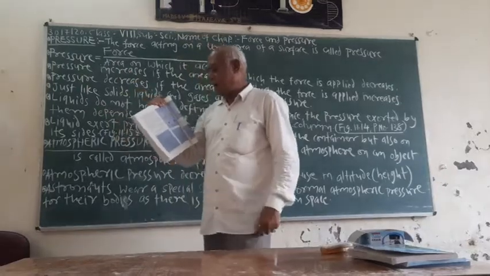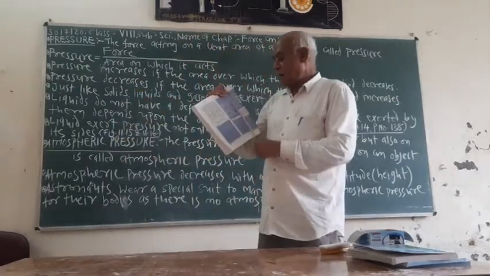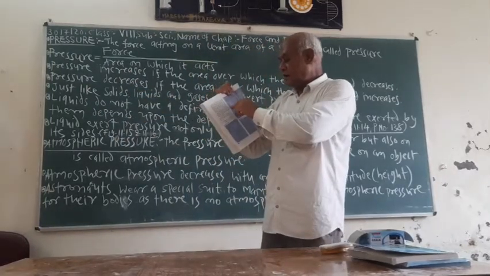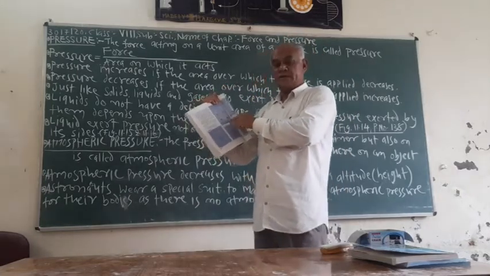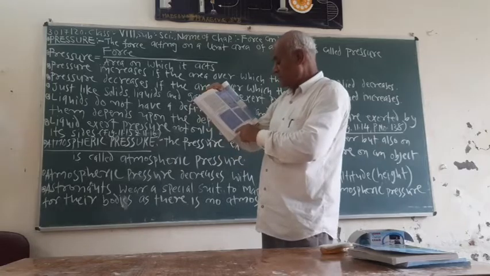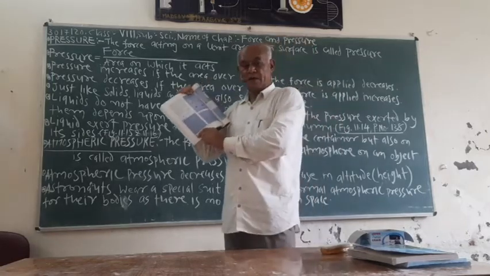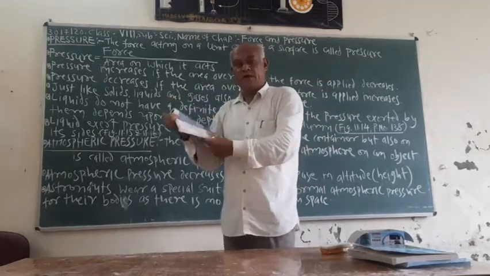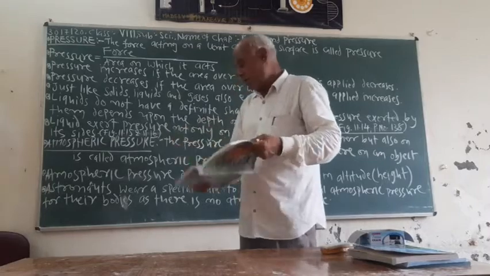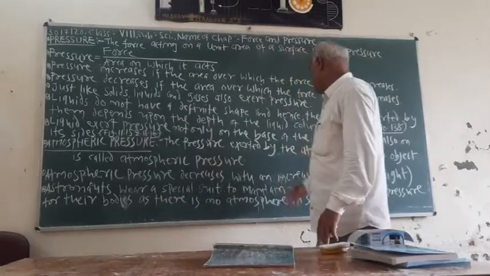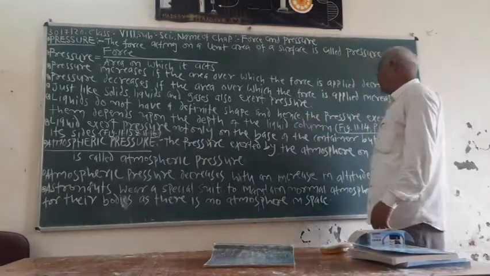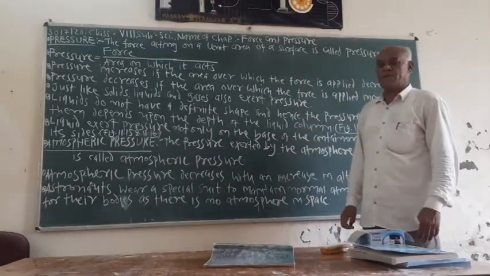And if the height of the liquid column is decreased, then the pressure also decreases. So liquids do not have a definite shape, and hence the pressure exerted by them depends upon the depth of the liquid column.